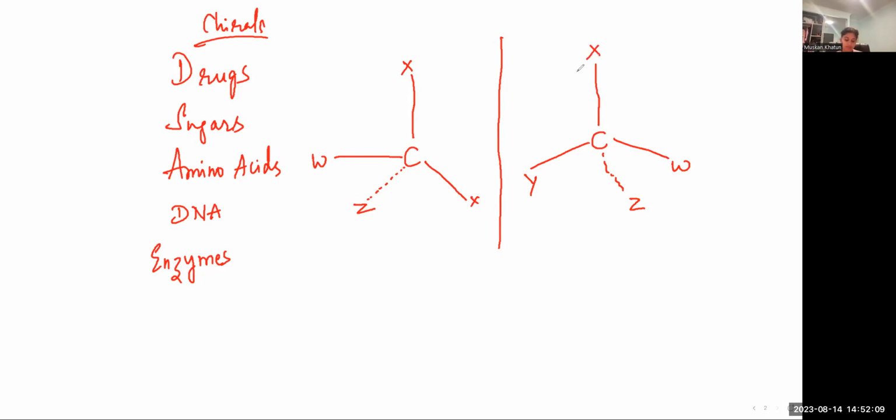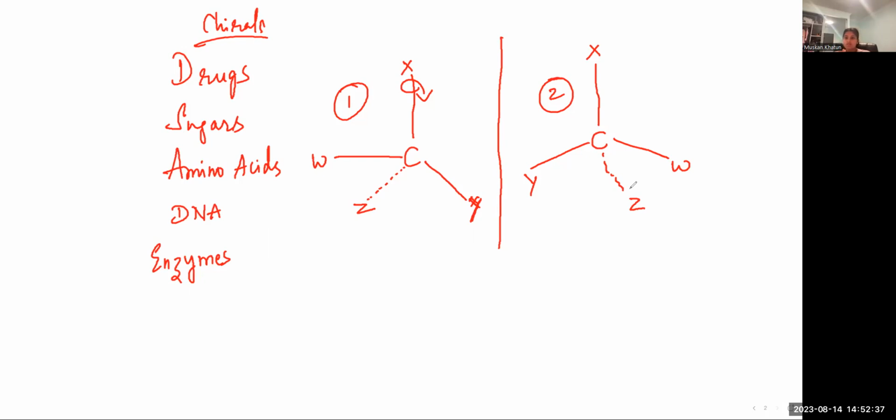Even if I rotate the first one in a clockwise direction, what is going to happen here is, as you can see, you will not have a structure that overlaps upon one another. It's not possible, because here I have y and here I have w.